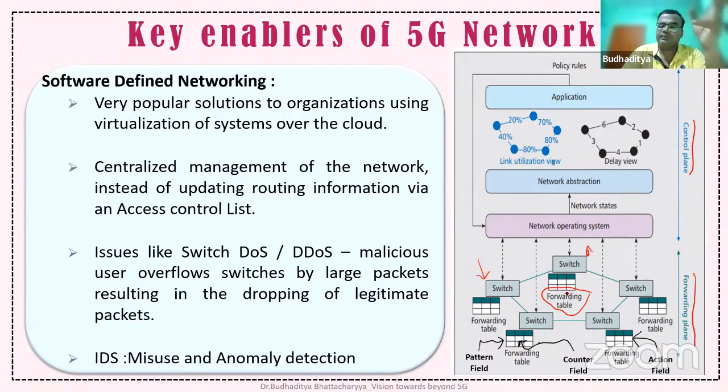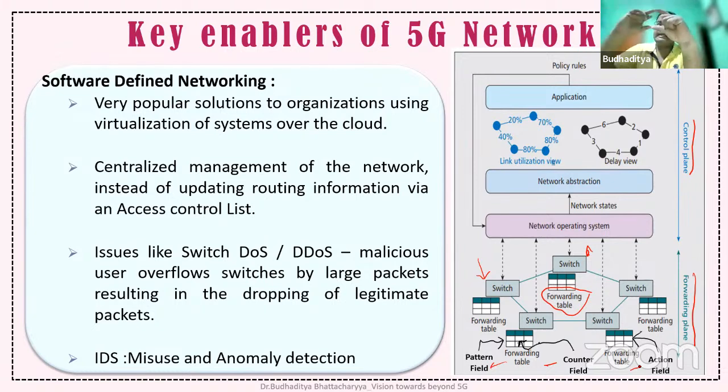which again has three components: pattern field, counter field, and action field. You can see over here, pattern field, counter field, and action field. Now, the pattern field will have a certain pattern for each data packet. If I say it plainly, each of those data packets will have a packet header, which is called the pattern field.